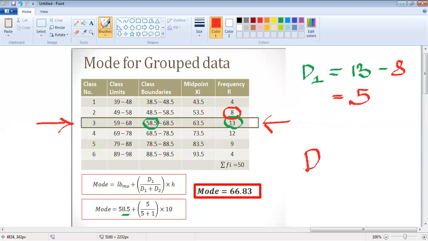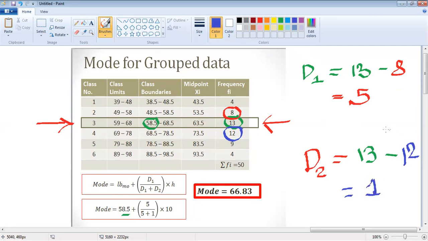D sub 2 is the frequency of our modal class minus the frequency after our modal class, which is just equal to 1.